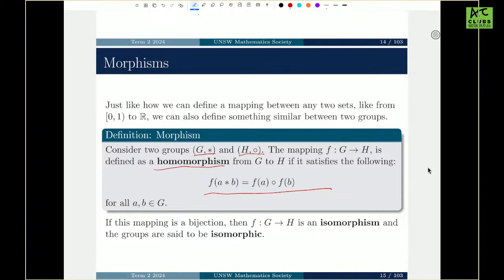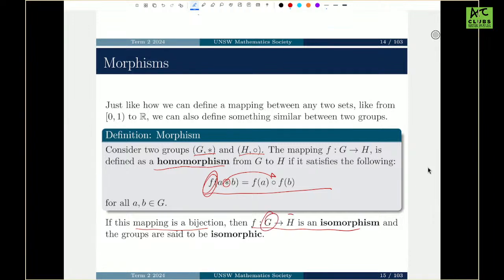So basically, the function can be applied over the group operation, and it becomes the codomain's group operation.